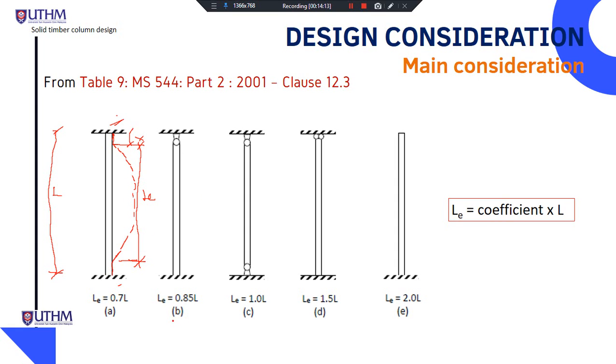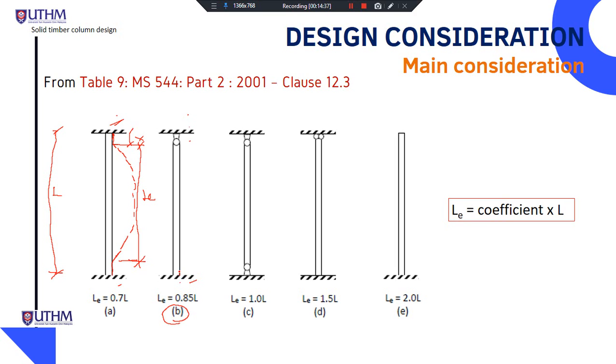So the second case is 0.85, restraint at both ends in position. Both are restrained, but only one end is restrained in direction. So here is pin, here is fixed. So the buckling shape is like this.